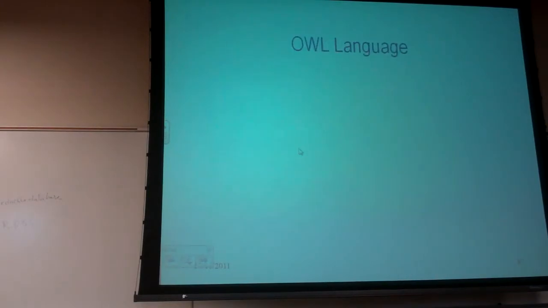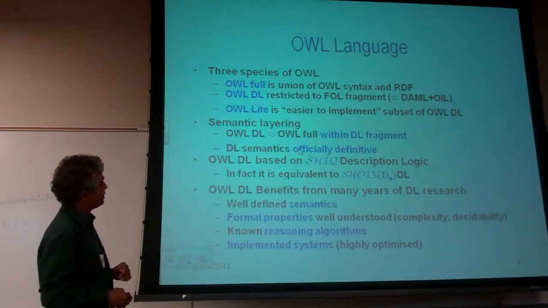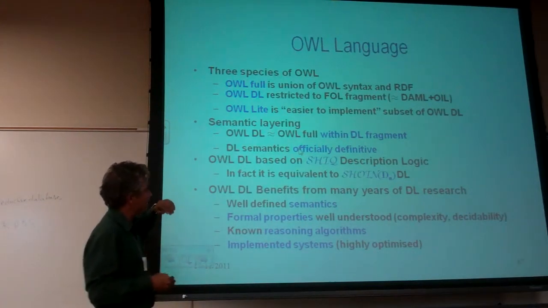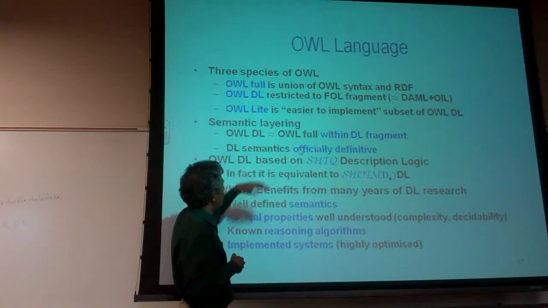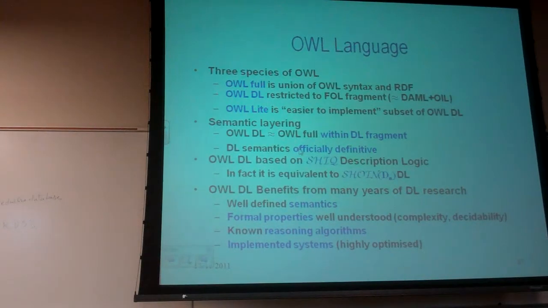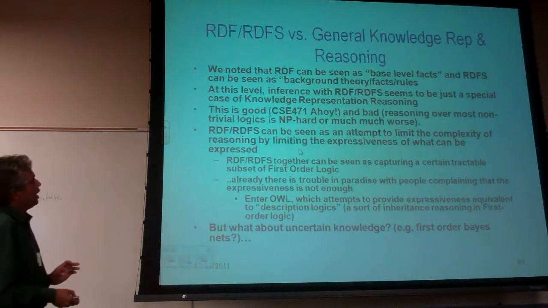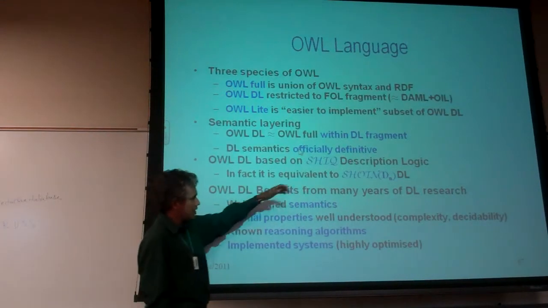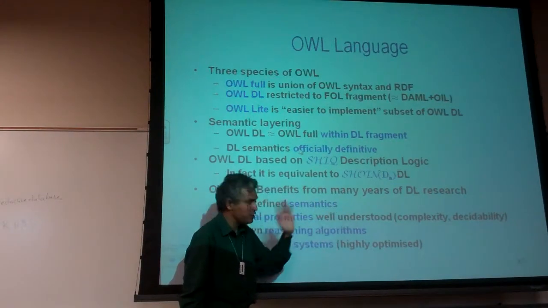Okay? So OWL itself has variants, and a particular form called OWL DL corresponds to the description logic fragment of first-order logic. And it has semantics equal to the description logic fragment of first order. And of course, for description logic, inference is efficient.